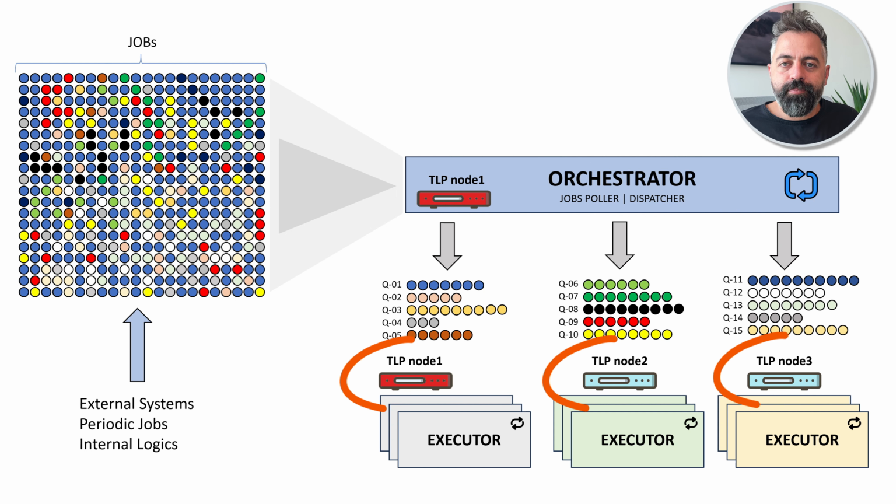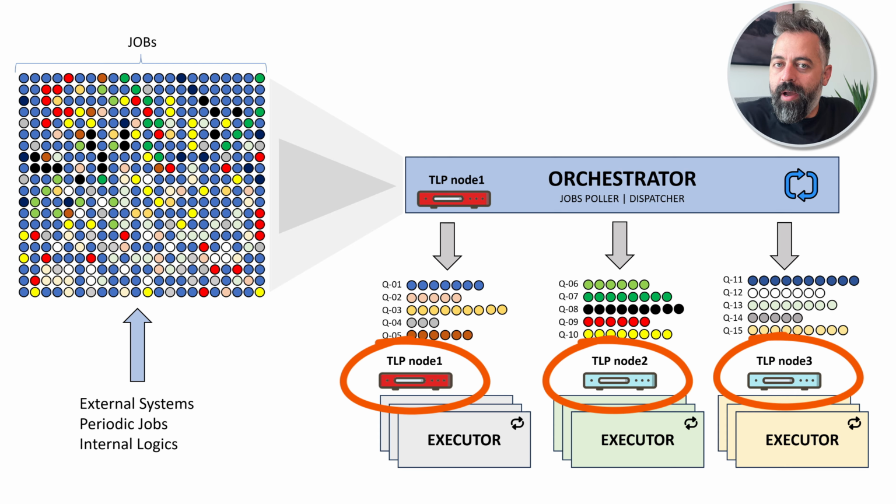Executor nodes retrieve jobs dispatched to them and schedule them for parallel processing. By default, each executor instantiates 10 threads for executing jobs in parallel. Of course, these configurations can be increased or decreased based on the infrastructure.